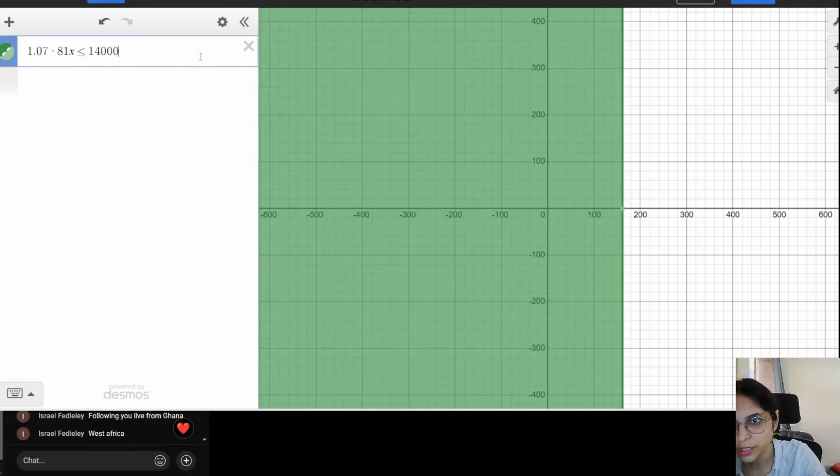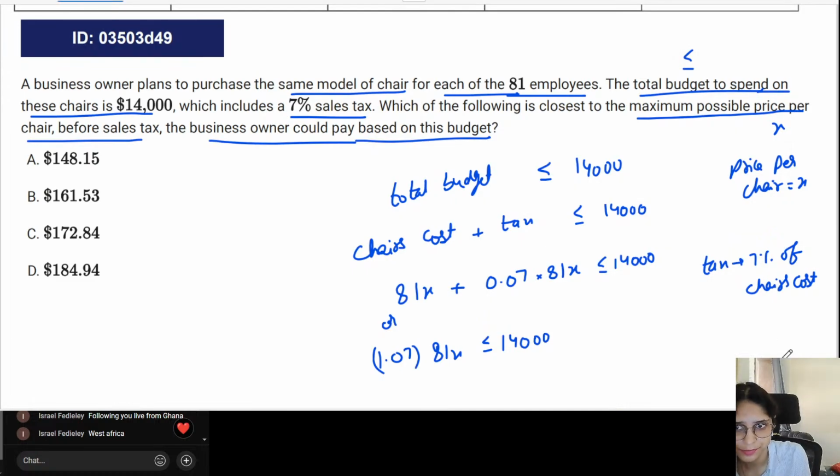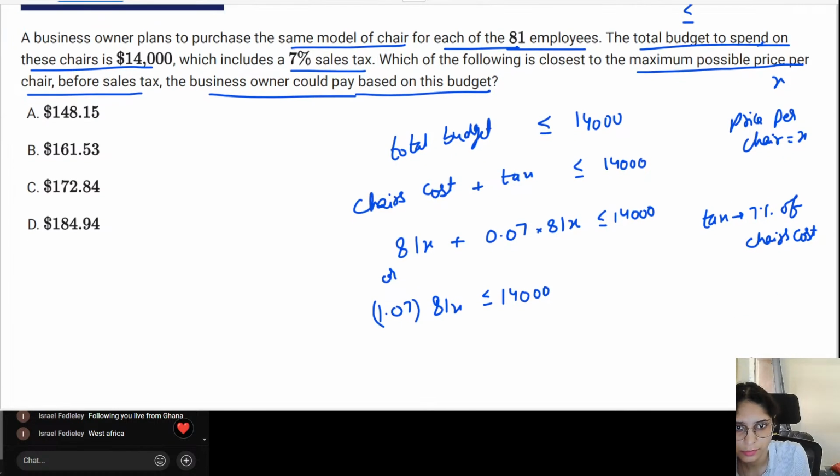There's another way also, you can divide 14,000 by 81 and then get your answer. So it should be less than 161.5. B is our answer.